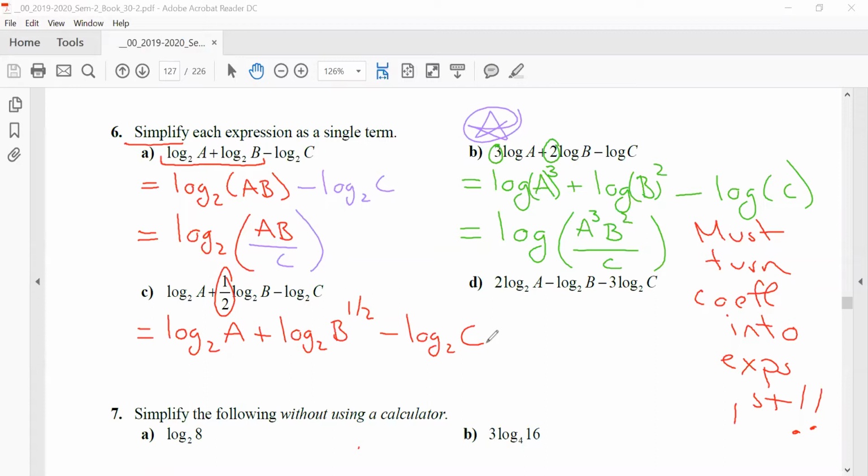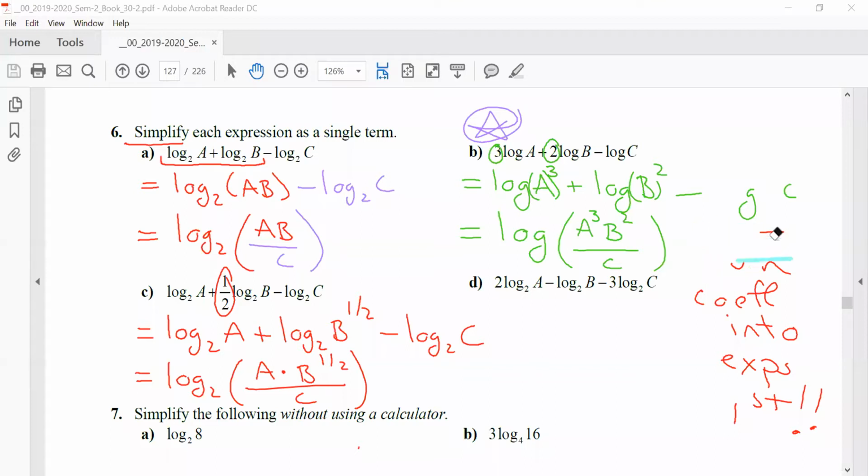Okay, so coefficient to exponent first, and now I'm free to use my laws of logarithms to simplify. Really, the biggest thing I need you to be noticing here is this rule. Not really a rule, but it's in the laws of logarithms that shows that there's no coefficient flying around. So if there's no coefficient in my laws, I got to get rid of it in my work.